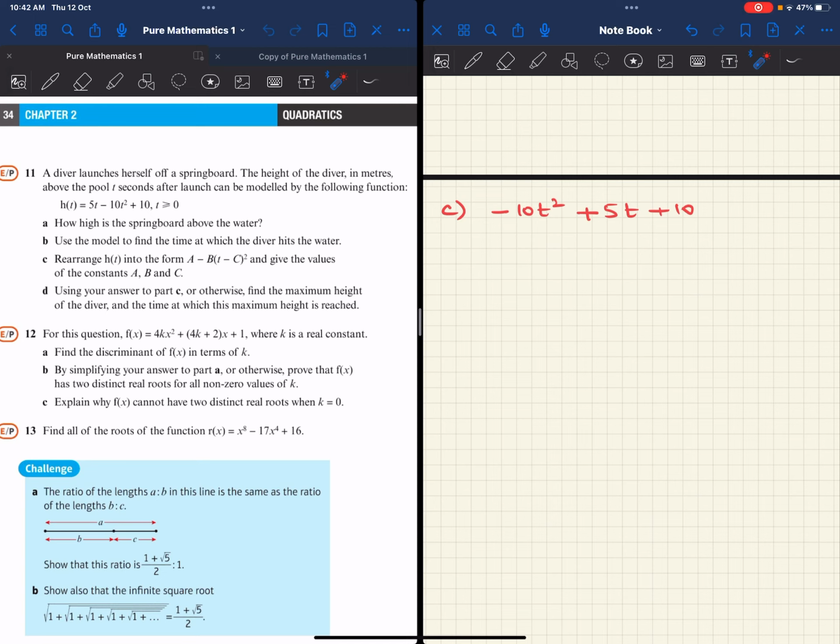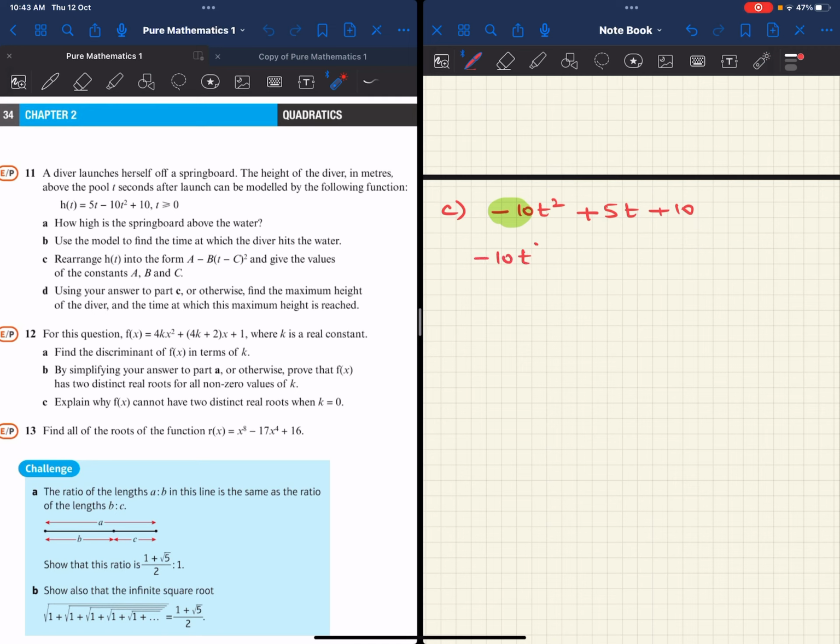If the coefficient is something other than 1, which in this case is negative 10, we pull it out as a common factor from the first and the second term. Now the second term doesn't have a 10, it has a 5. So we can multiply the second term by 2 divided by 2, which is in fact just multiplying by 1, but 5 into 2 in the numerator will give us 10.